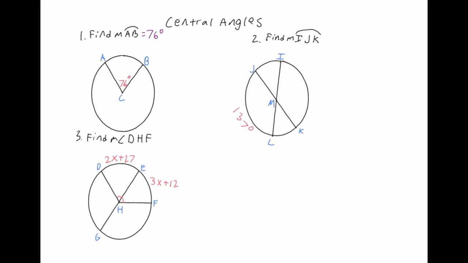So since the line goes through the center, it's a diameter, and it creates a semicircle. So if this whole arc is 137 degrees, this arc will just be 180, the measure of a semicircle, minus the 137, or 43 degrees.